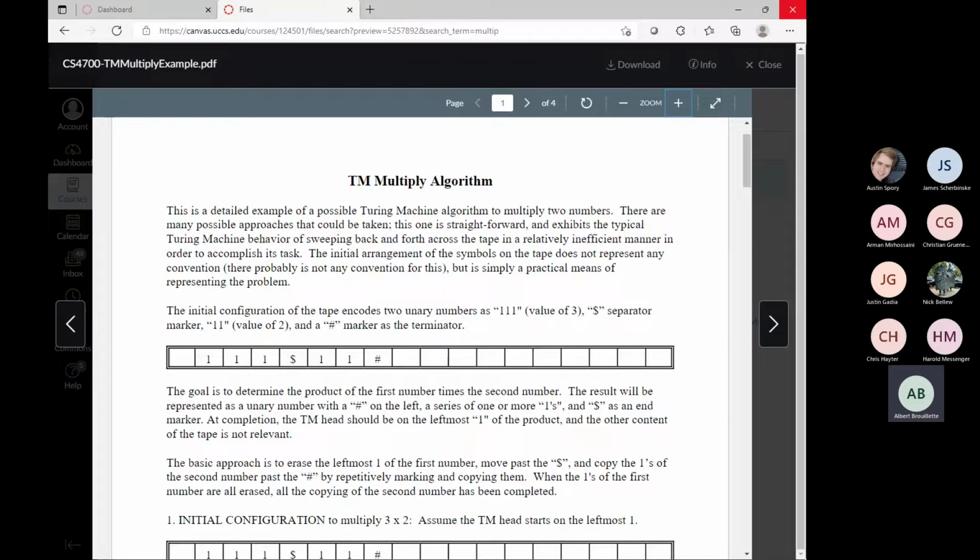Every time we mark off a 1 here, we're going to come over and we're going to copy each of however many ones there are here off to the end, and then back up to here, erase that, move over, copy however many ones there are onto the end of the ones that we already had, back up, and when we finally used up all the ones over here, we'll be on that dollar sign, which tells us we're done. We're doing multiplication by a series of additions, right?